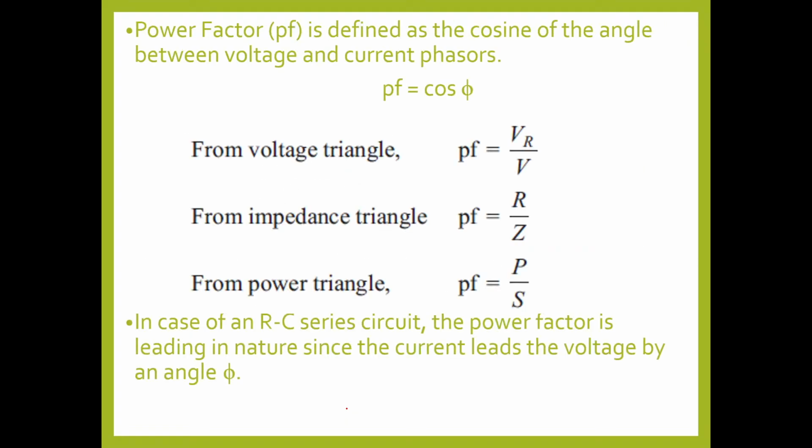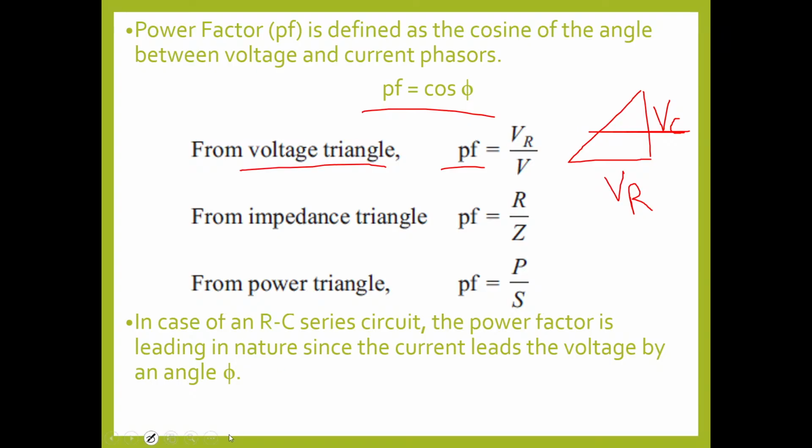Similar to your RL circuit, you can determine the power factor. The power factor formula is cos phi. Power factor from the voltage triangle: once again draw the voltage triangle. This is VR, this is VC, and this is V. This is phi.